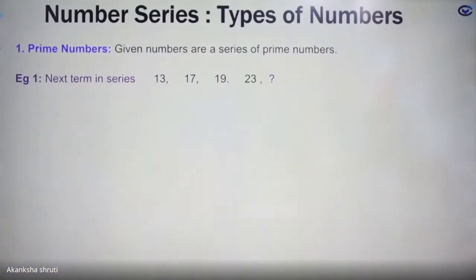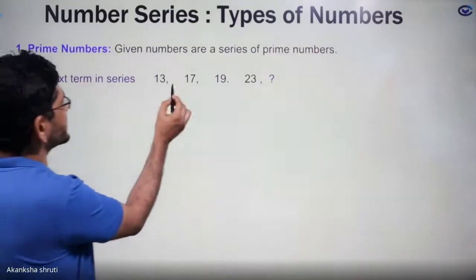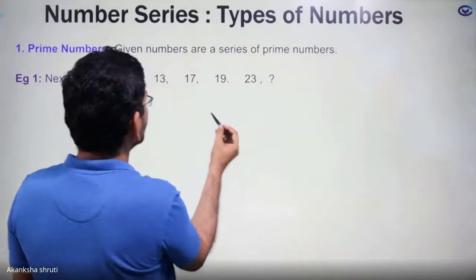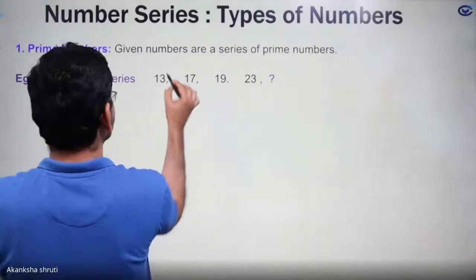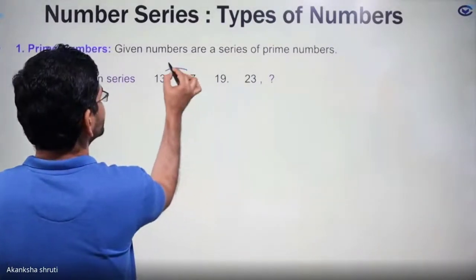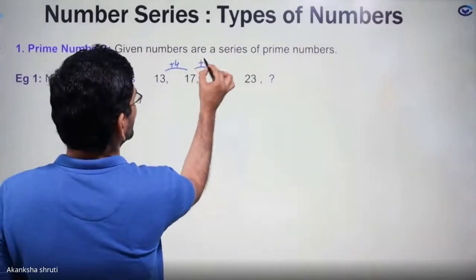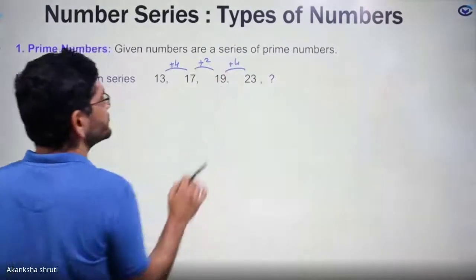So students, let us come to this first question. We have to find the next term in this series 13, 17, 19, 23. Students, the first thing, if we apply the difference, let us take this difference. It is our 4. This one is our 2. This one is our 4. So difference is not uniform.